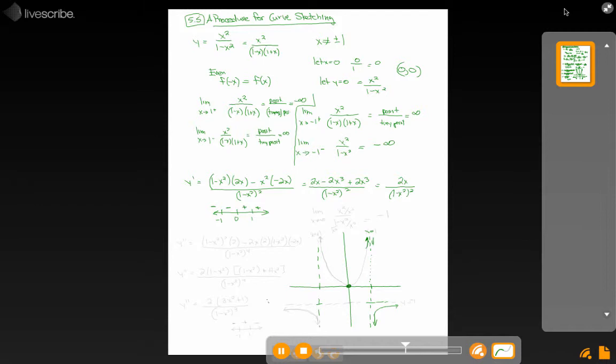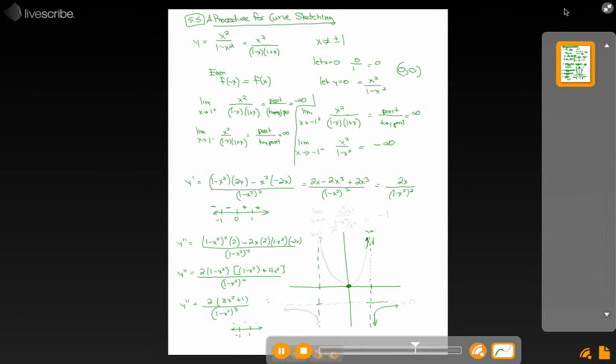Now let's go on to the second derivative. So we'll work with quotient rule and chain rule, some factoring. You end up with this. You only have two values of interest with the second derivative, where it is undefined. There's nowhere where it equals 0. And we can check some numbers here to see whether we're concave up or concave down.